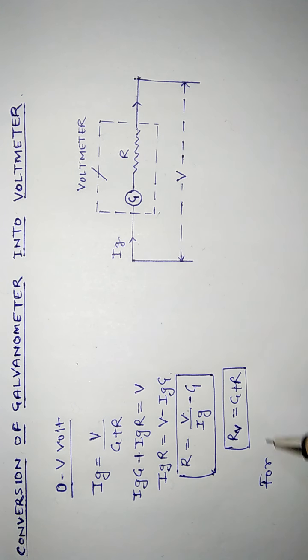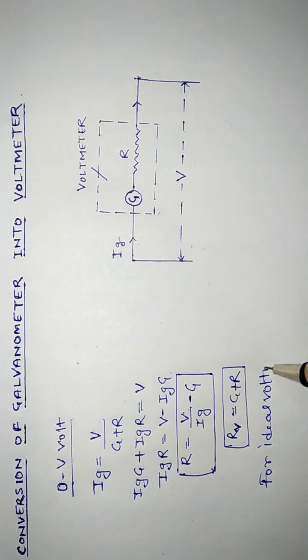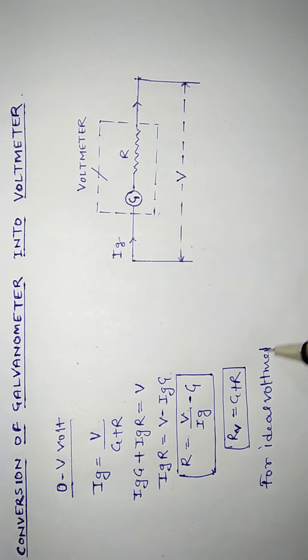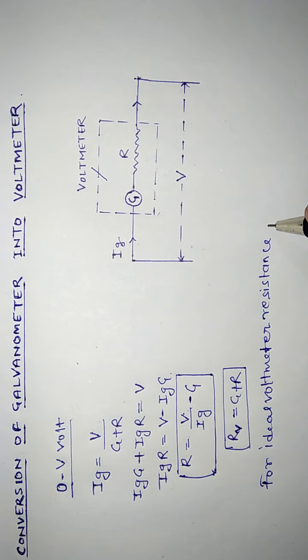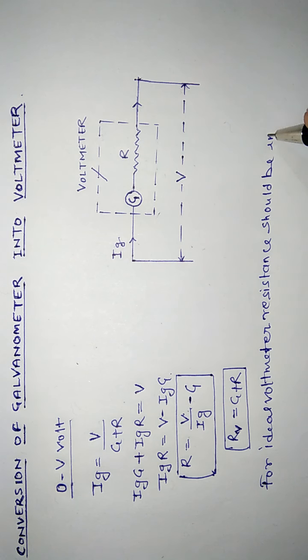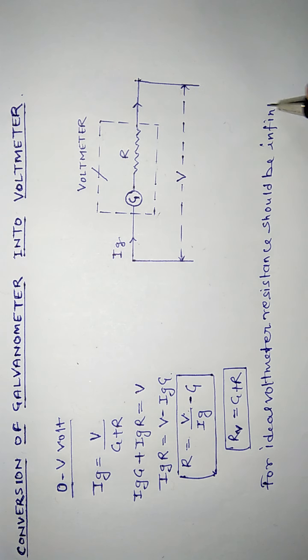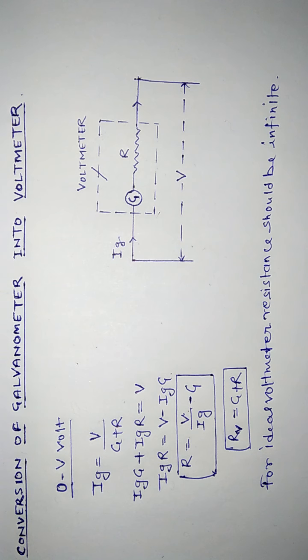For an ideal voltmeter, the value of resistance should be infinite, so that no current should pass through this.